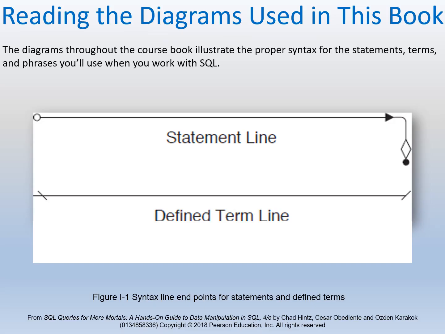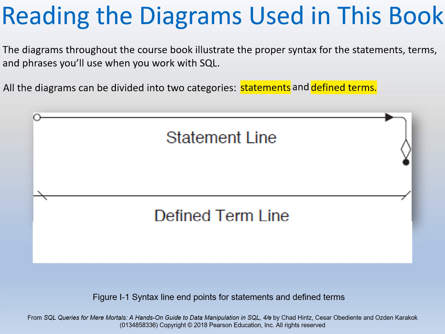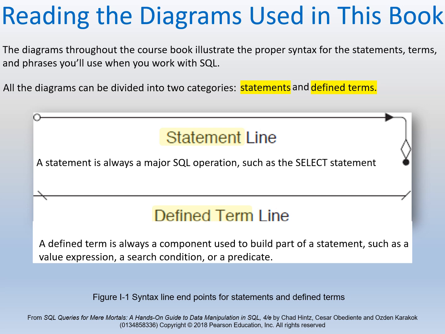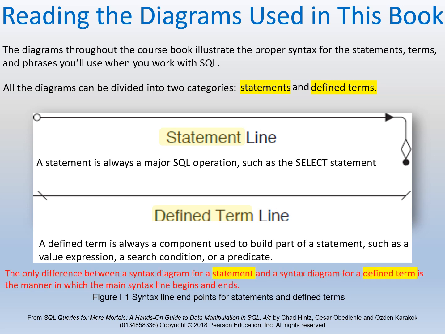The diagrams used in this course help to illustrate the proper syntax of select statements. All of the diagrams can be divided into 2 major segments: the statement line, which is always a major SQL operation, and the defined term line, which is always a component used to build a part of a statement.